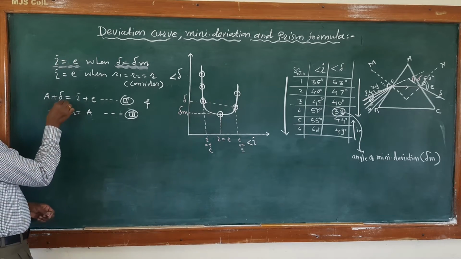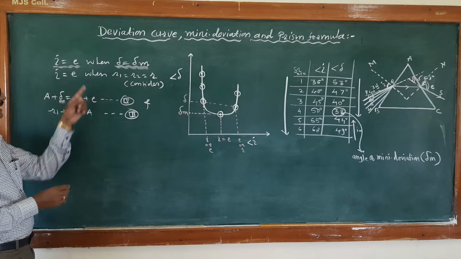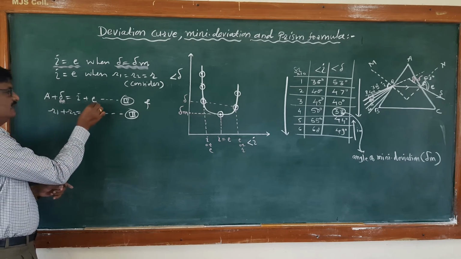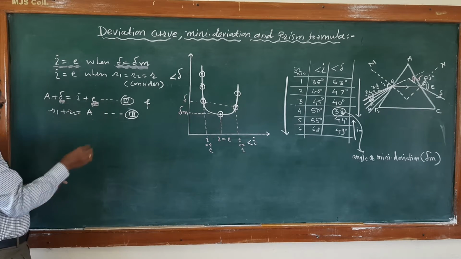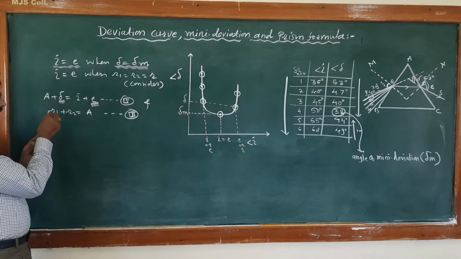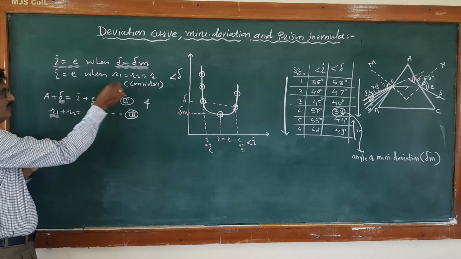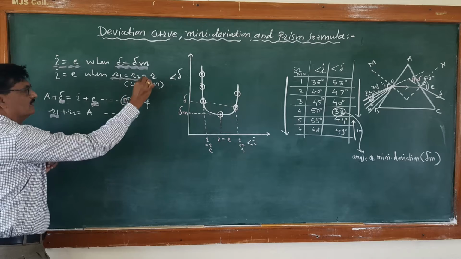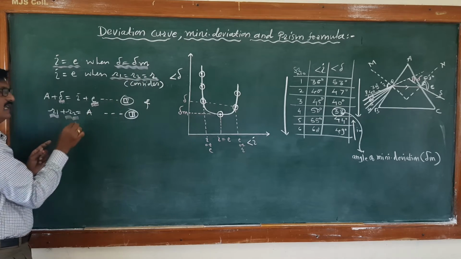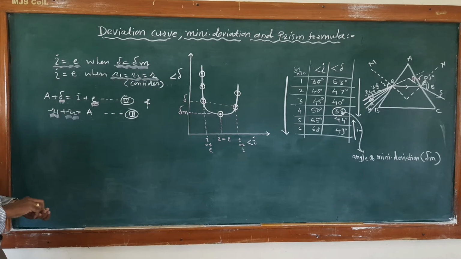This means that instead of del, we can write del M, and I is equal to E. And in case of the second equation, R1 is equal to R2, this is equal to small r.